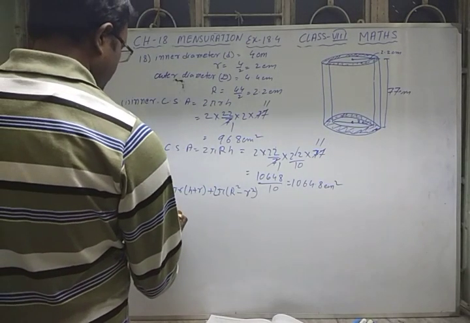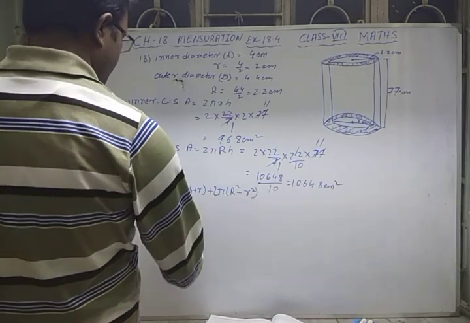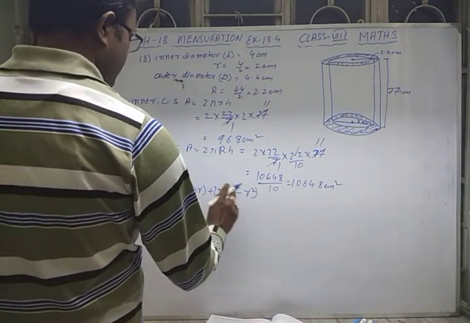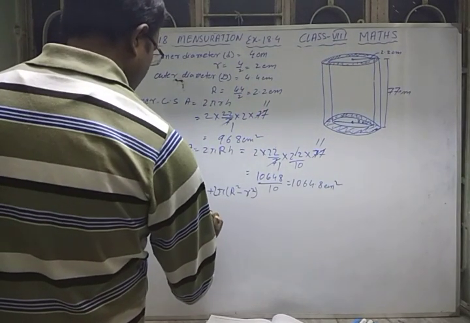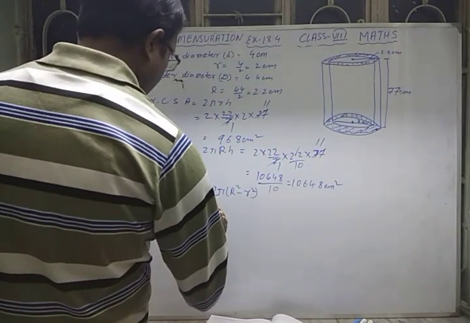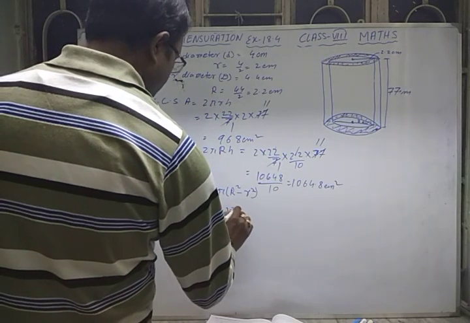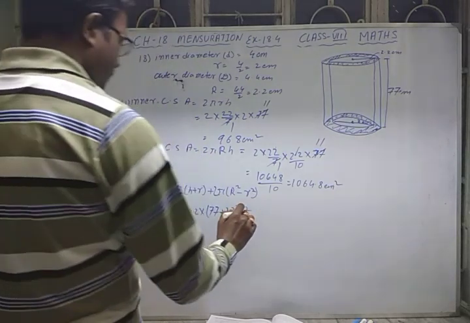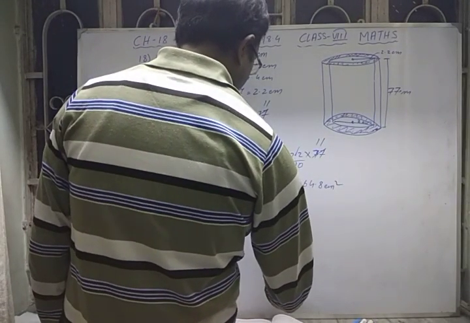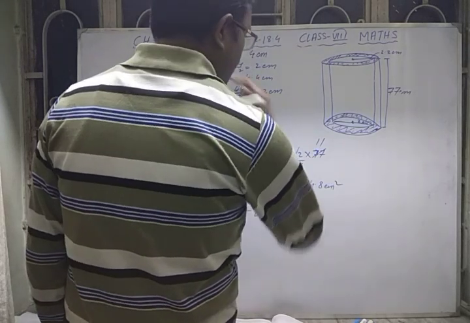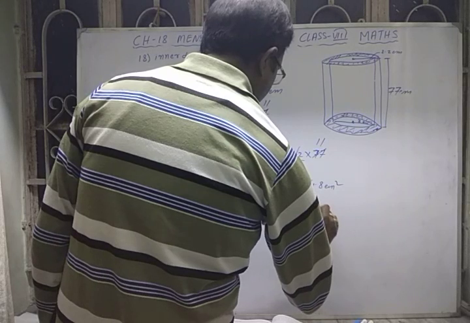So what we will do, 2 into 22 by 7, and outer radius you have to take here, that is 2.2, and h plus r is 77 plus 2.2, plus here you have to take 2 into 22 by 7. So inner radius is 2.2 square minus 2 square.